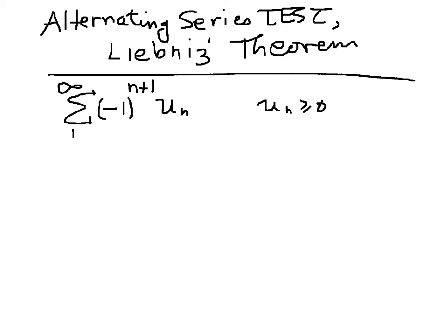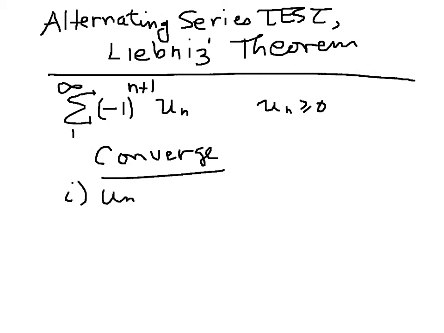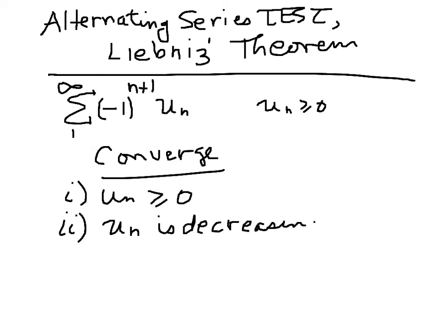And this series will converge under the following conditions. The first one is that, well, I guess we will need to say it again, that these are positive terms. The second condition is that u sub n is decreasing, and not only decreasing, but that the limit as n approaches infinity of u sub n is equal to 0.